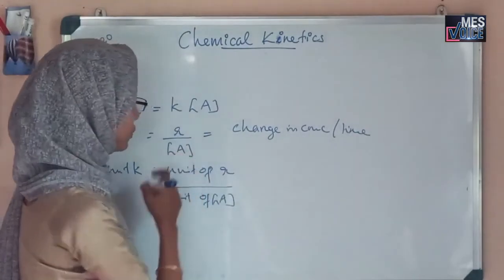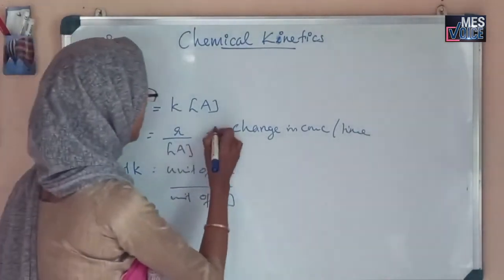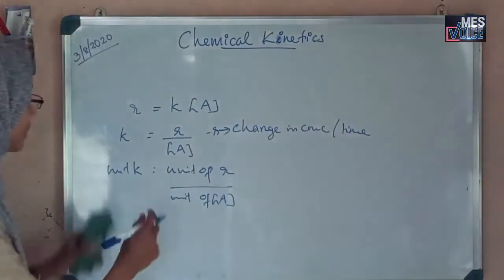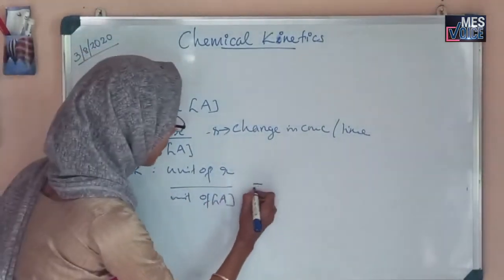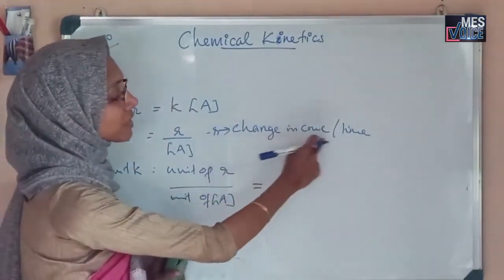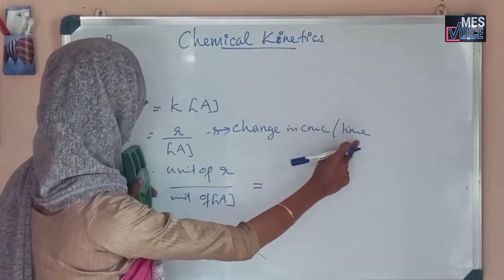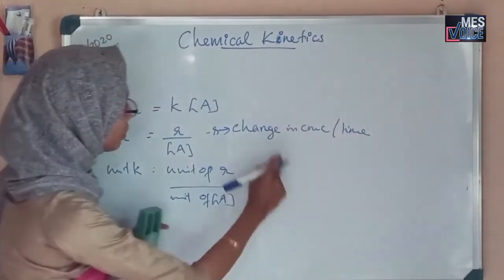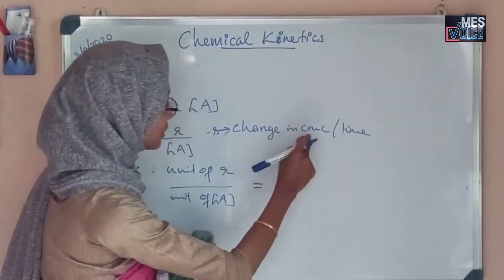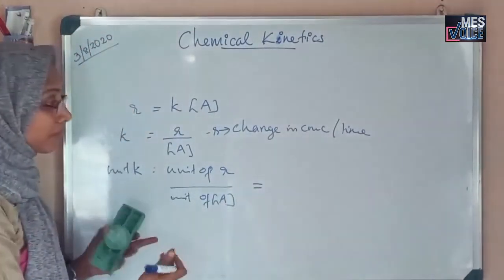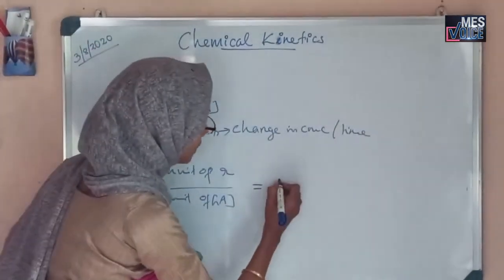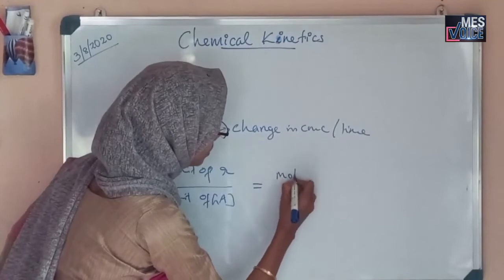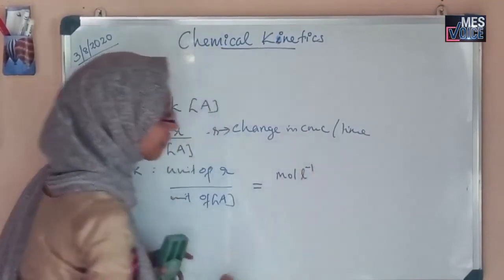Here the unit of r is equal to the change in concentration divided by time. The unit of change in concentration is nothing but the unit of concentration, that is mole per liter.